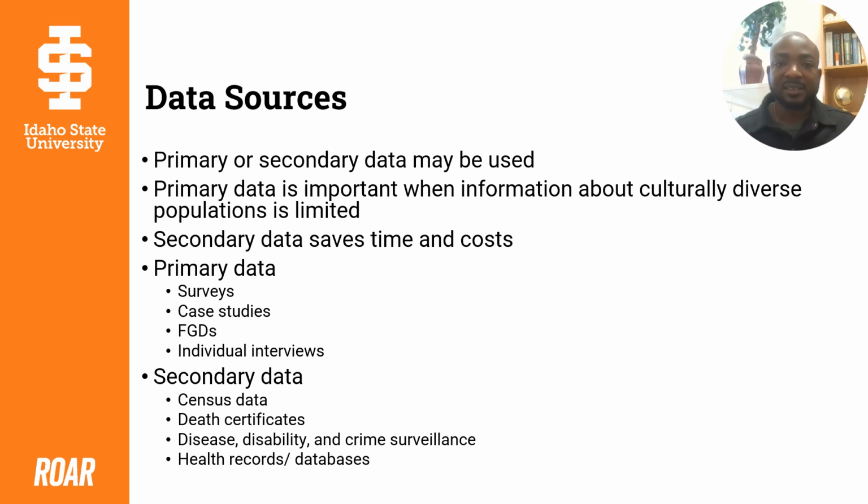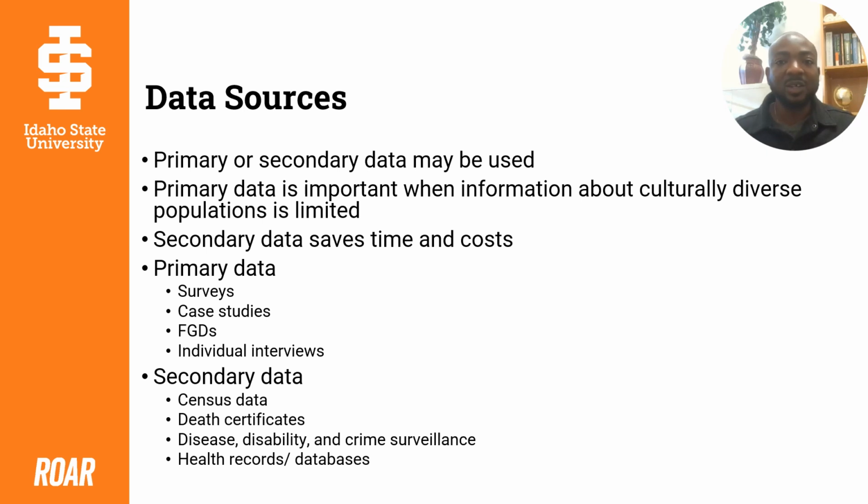And in using secondary data, it is important to check its validity, the source, and sample size, and the nature of the sample. So other considerations in the use of secondary data include how closely the data match the public health problem being assessed, and the extent to which the data reflects the local situation.